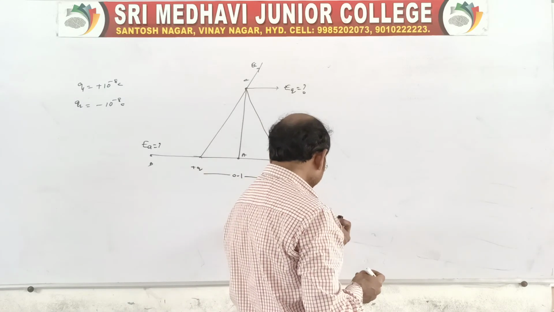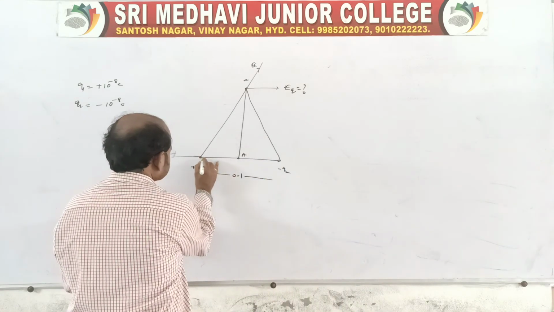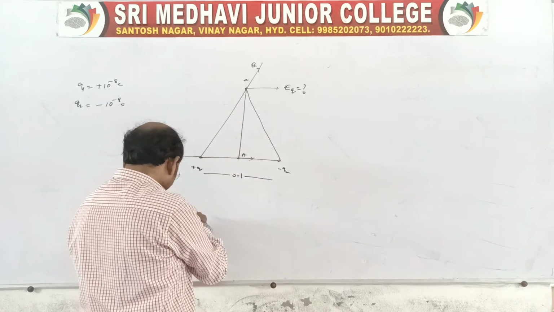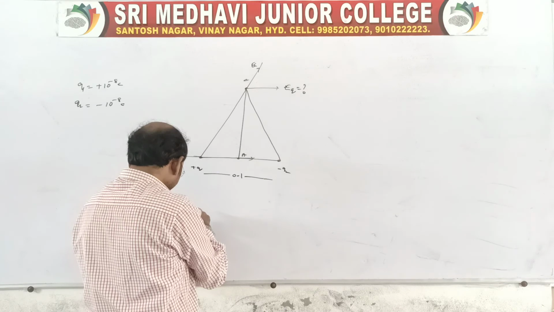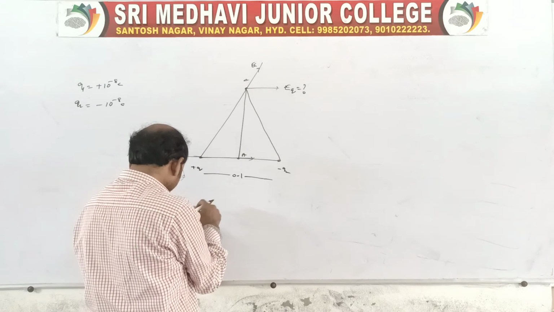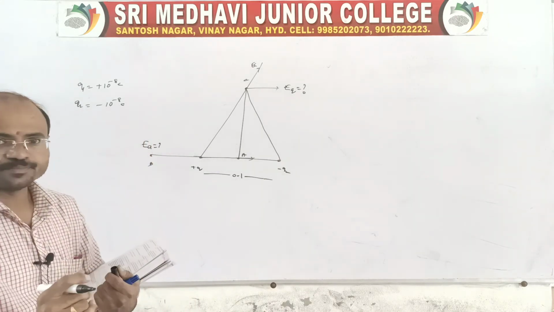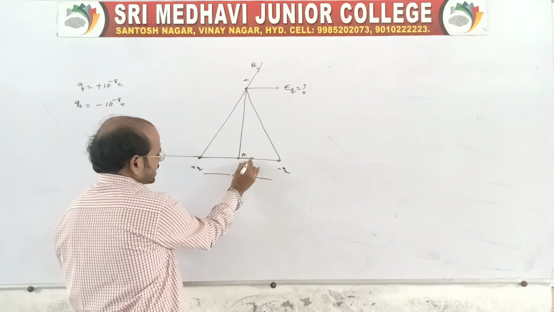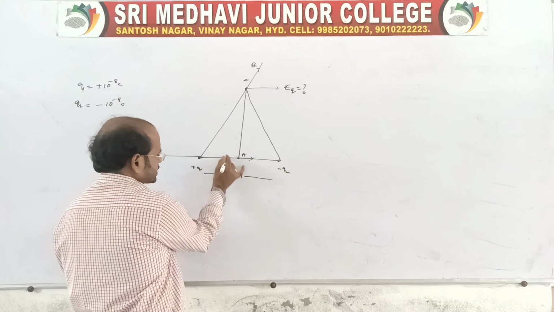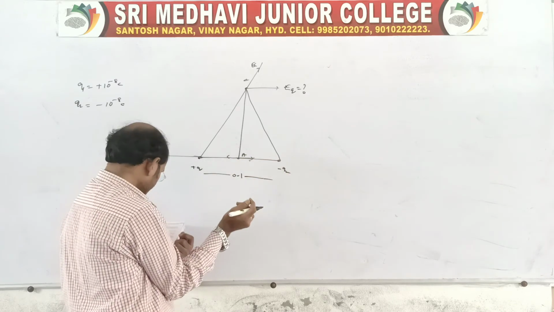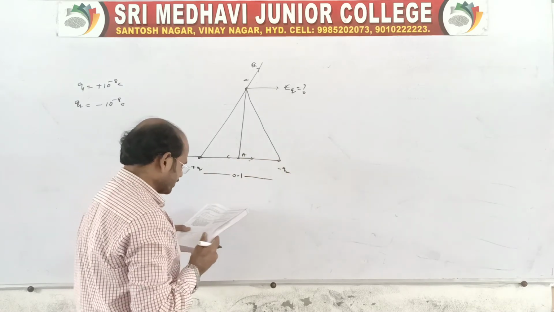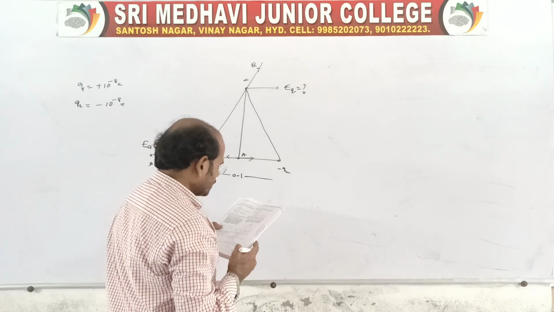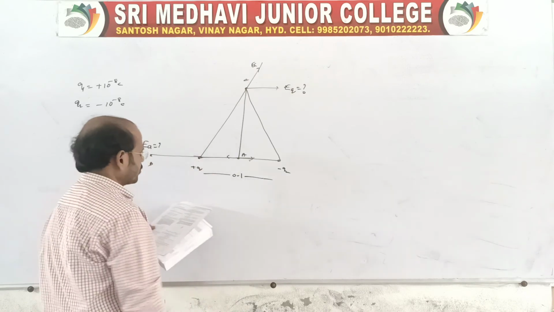But he is asking at point A also. At point A, the charges act like this: you take the field due to Q1 and due to Q2, and you will get the answer acting towards the right, because due to this point charge the field acts away, and due to this charge it acts towards. So at that point you calculate the electrical field intensity; directly we can say 2 into the field due to a point charge.